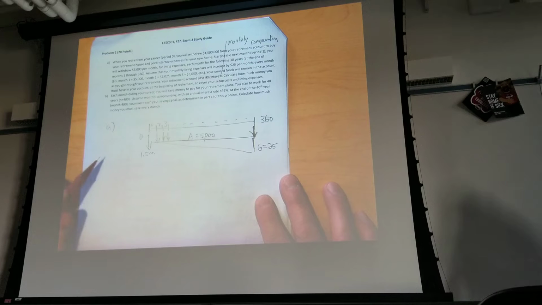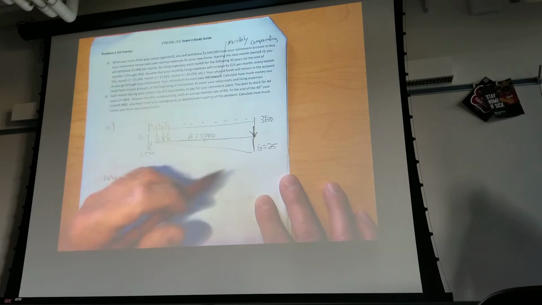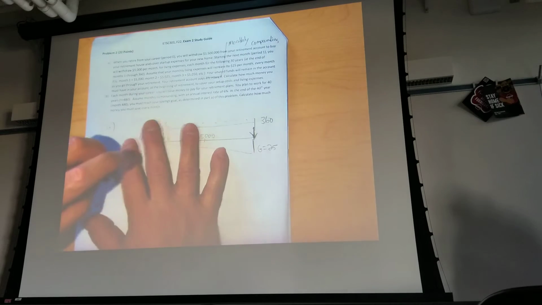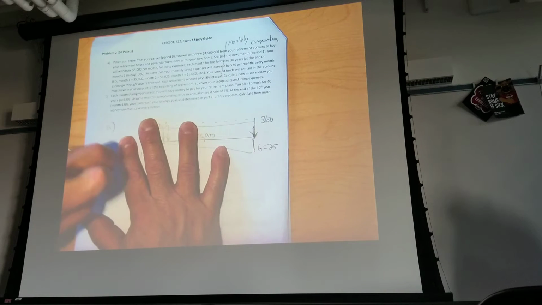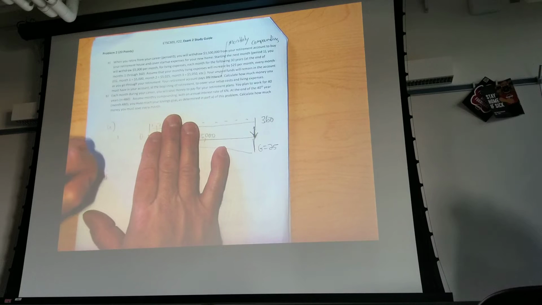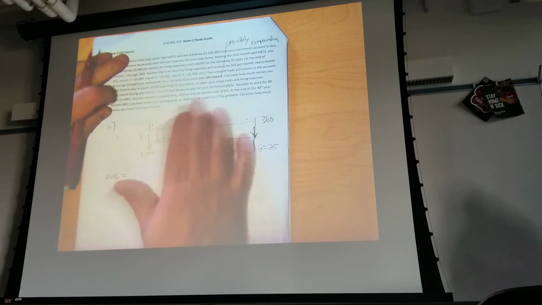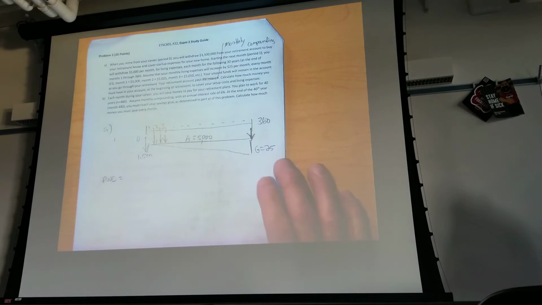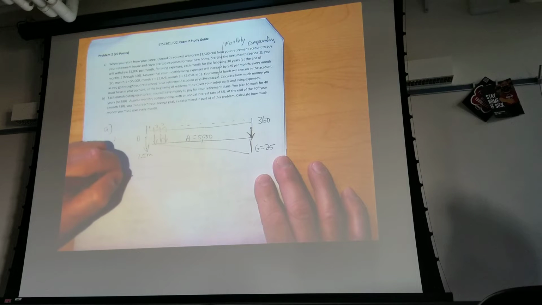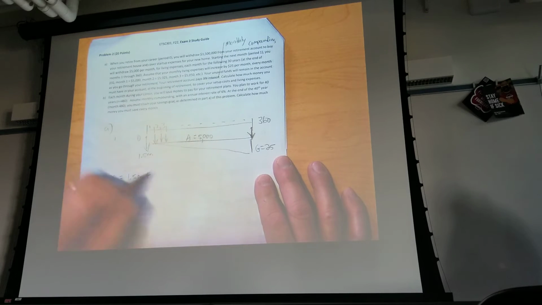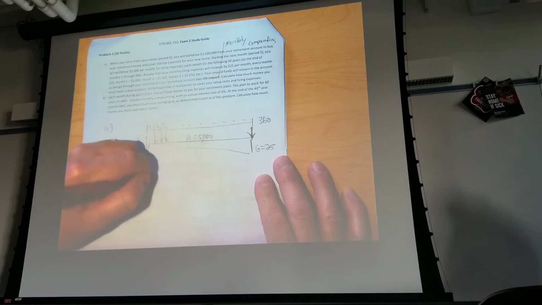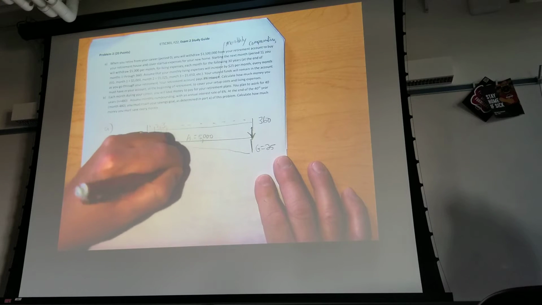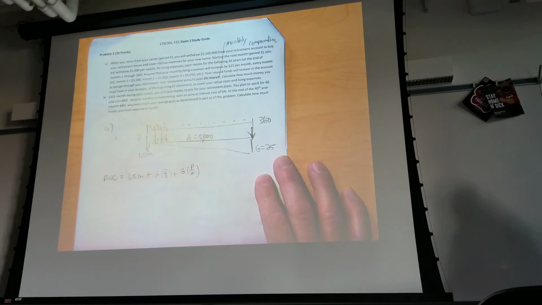Okay, so, NPW, and in this case, it's all cost, so if we want to not put all the minus signs, we can say PWC is 1.5 million plus A times P over A plus G times P over G. That's the basic setup.